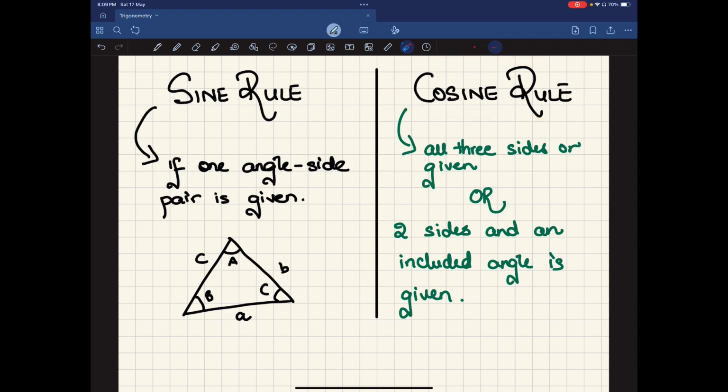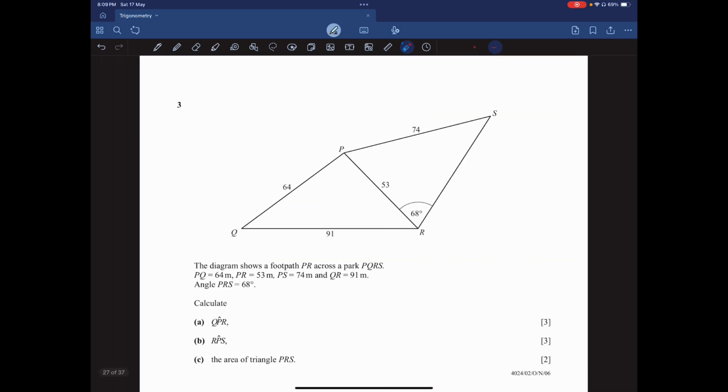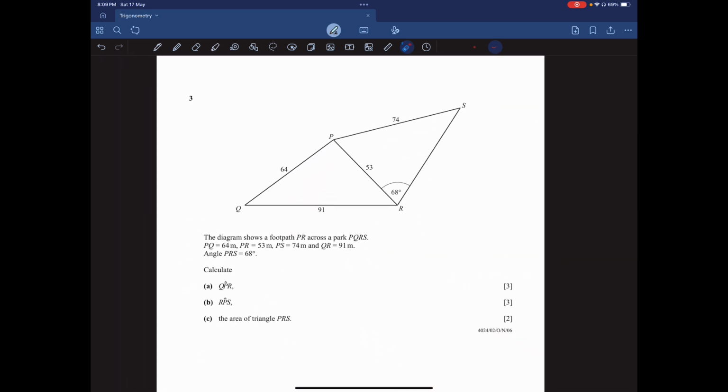However, the conditions that need to be met before you can apply the cosine rule is that either all 3 sides of the triangle are given to you, or 2 sides and an included angle. The angle between those 2 sides is given. Okay, so one of these conditions needs to be met if you want to apply the cosine rule successfully.